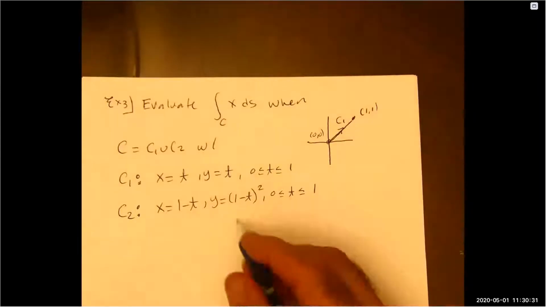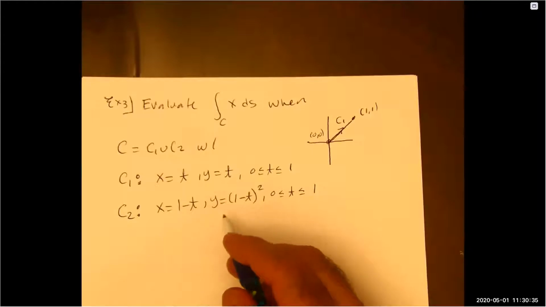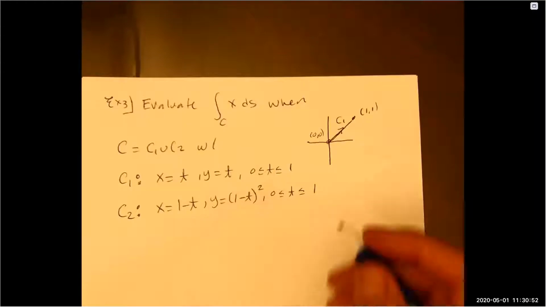And then if you look at this one, you have X is equal to 1 minus T and Y is equal to 1 minus T squared. So if we eliminate the 1 minus T, we have Y is equal to X squared. And so that's a parabola. But in this case, when T is 0, you're at the point 1, 1. And then when T is 1, you're going back to the origin.